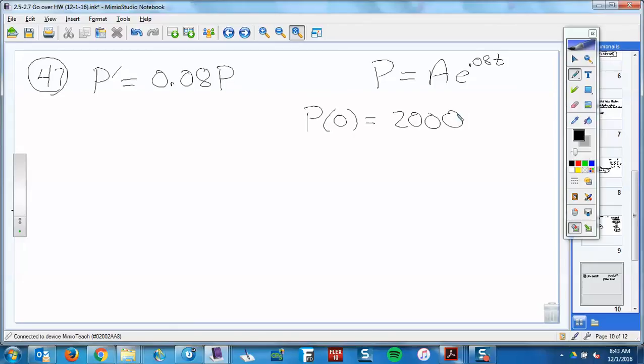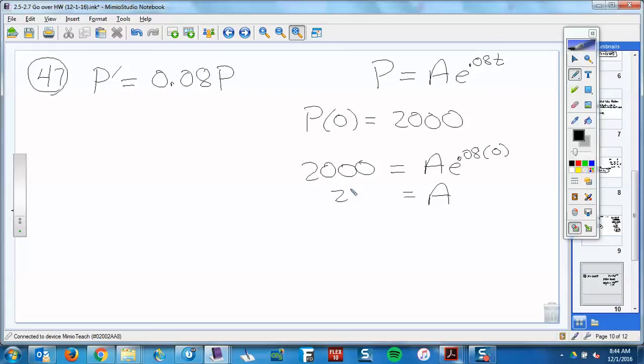How much is there in year 5? Then the 2,000 wouldn't be the A, right? Because when I put a 0 in, 2,000 now means time 0. So the 2,000 is really the P. And then when I put the 0 in here, well, what's e to the 0?